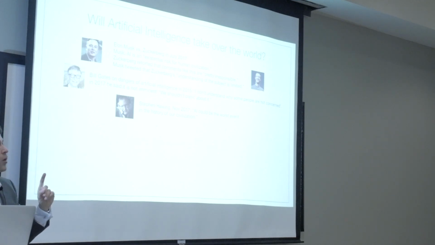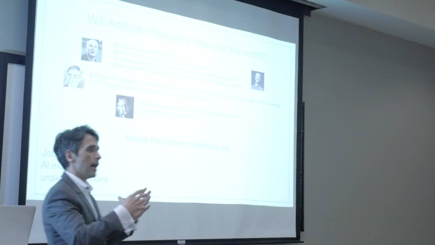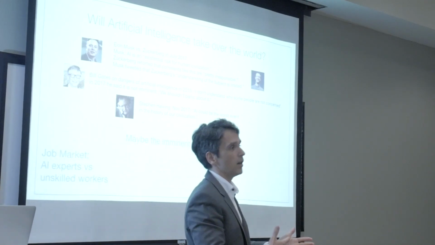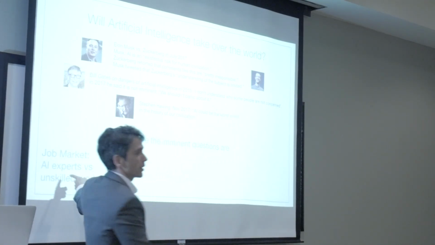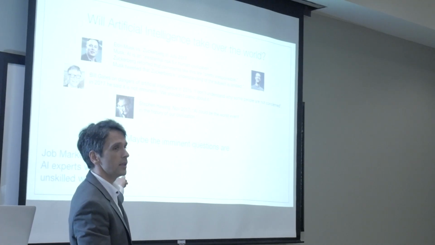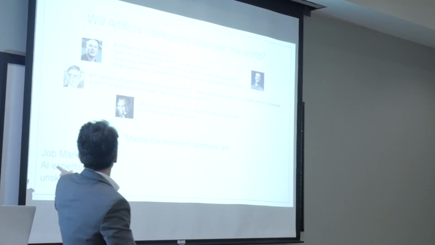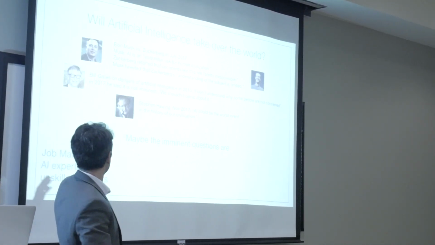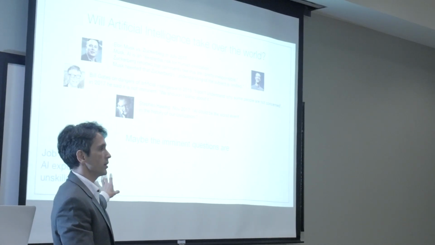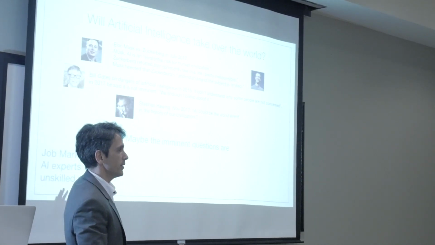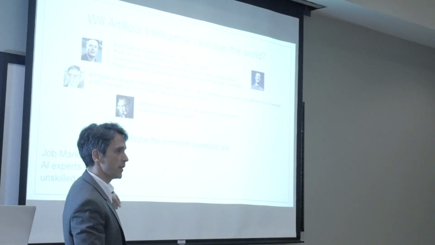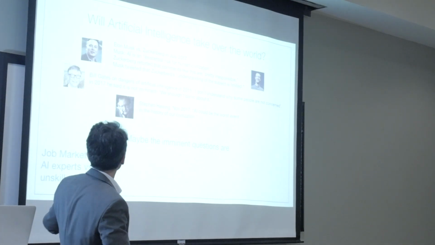But I think there are some more imminent questions. These imminent questions are: how does AI change our world now? Things like the job market. I think there will be a lot of changes. There will be demand for AI experts, so if you are a graduate in the right field, I think you can earn a lot of money today.